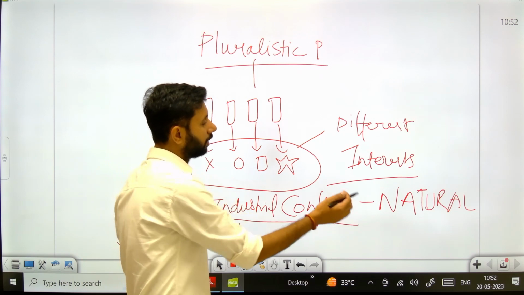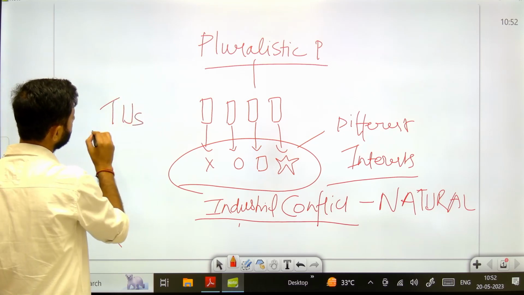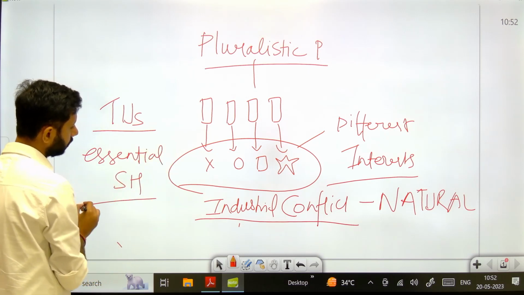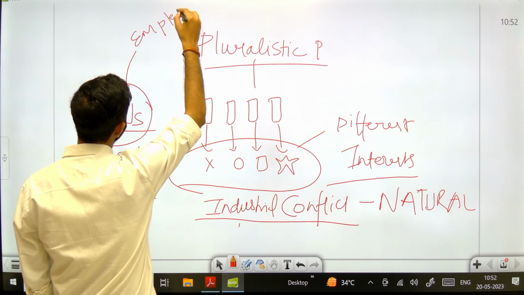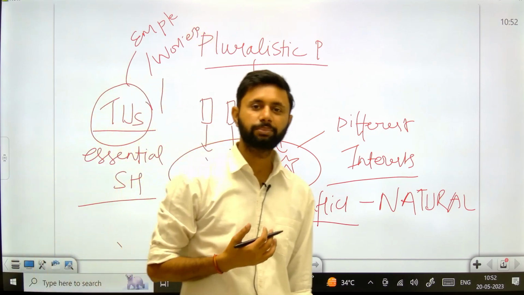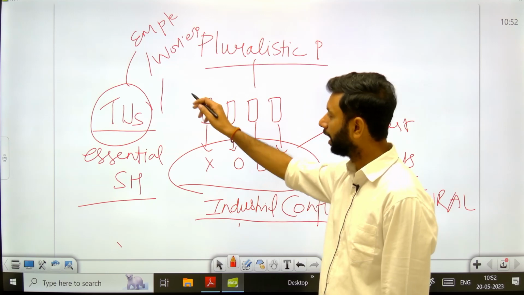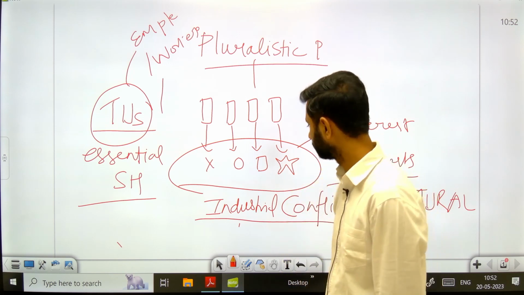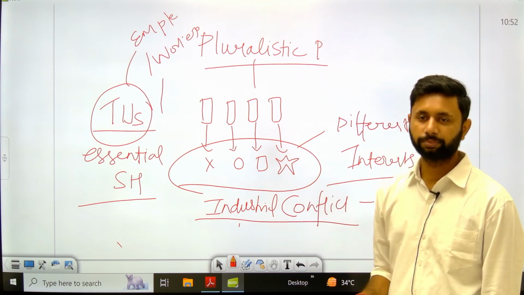So industrial conflicts will naturally arise, and within this perspective, they treat trade unions as an essential stakeholder in an organization, because through these trade unions, employees or workers can present their demands to the management in a proper manner, in a high-leveraged manner, as we discussed in the previous approach about collective bargaining.